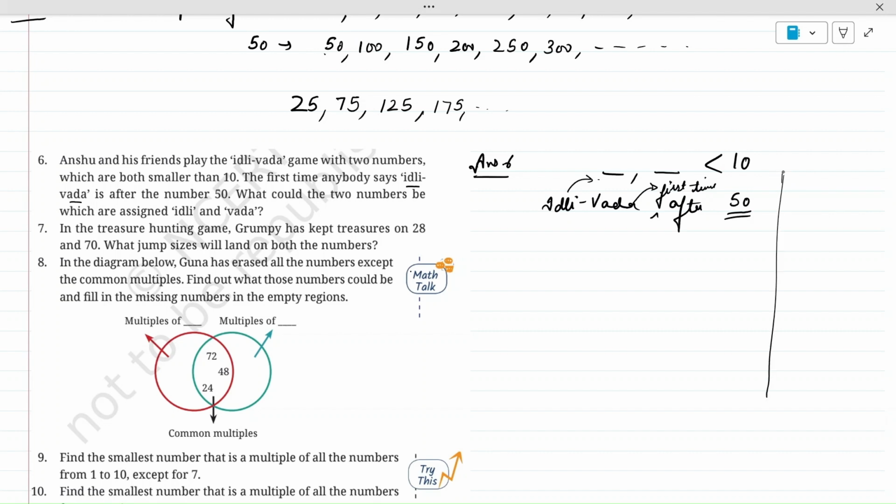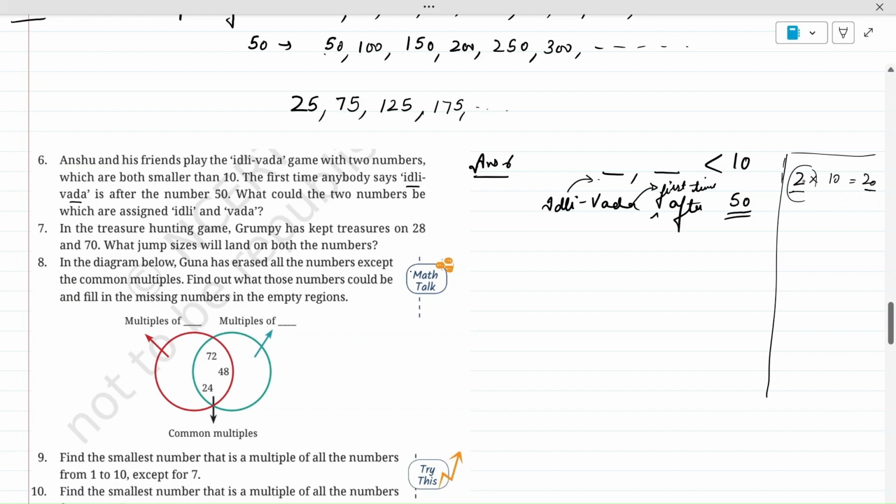Okay, so what we will do is if I start with the table of 2, the maximum number, if I take one of the numbers as 2, considering it's a multiple of 2 here, the maximum number I would reach here is 20. Okay, and this 20 is less than 50. Okay, so that means 2 cannot be one of the numbers.